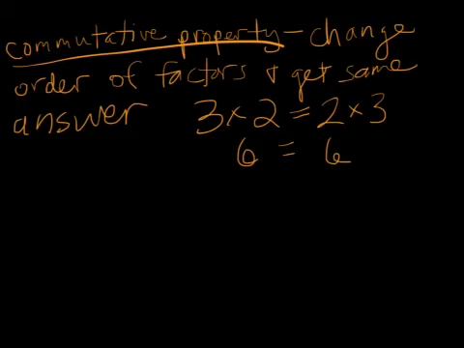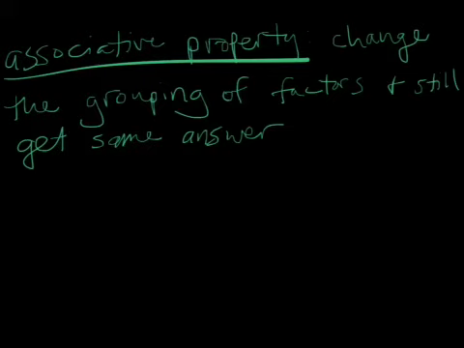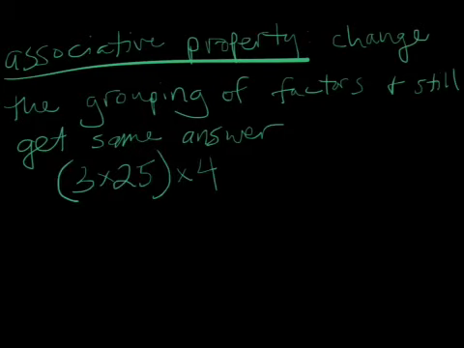Another property that you should have in your notes is the associative property, which states that you can change the grouping of the factors and still get the same answer. For example, if you had 3 times 25 times 4, that would mean that you're supposed to multiply 3 times 25 first. We do the parentheses first, and then multiply that answer times 4. But if we do that, then we end up with 75 times 4. Yuck!